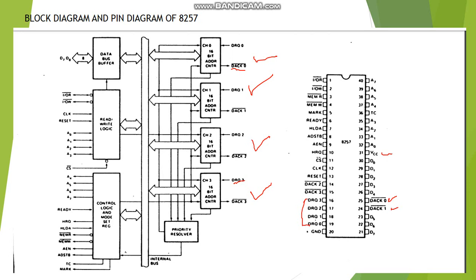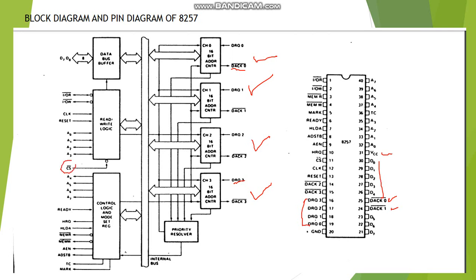So now come to the block diagram. What else is there? There is one priority resolver, one control unit, one read-write logic, one data bus. Data bus is D0 to D7, available to transfer the data. Other pins available here are CS, the chip select pin.